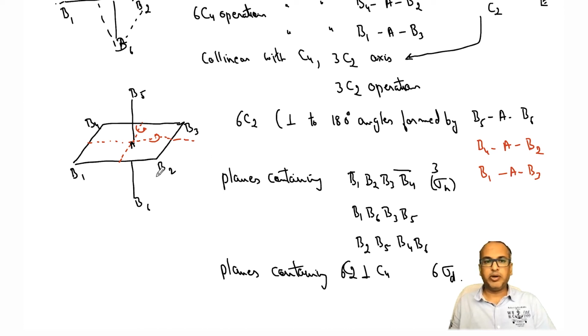Otherwise, if you just keep on imagining and writing in the air, it would not take you anywhere. So it's better to list down all the atom numbers which are contained by a particular symmetry element, then find out how many such combinations are possible, and accordingly write down all the symmetry elements and operations.